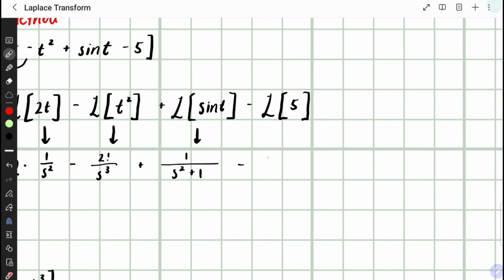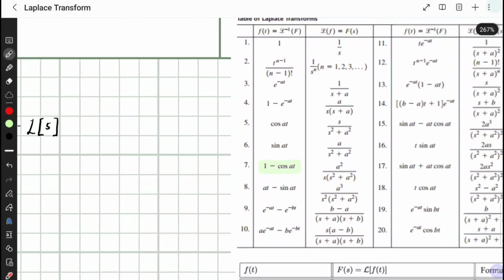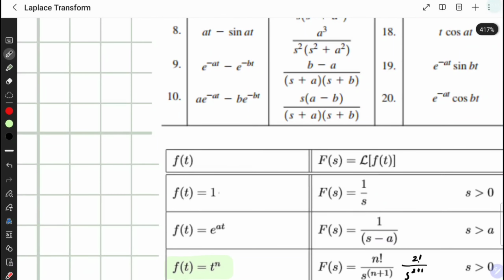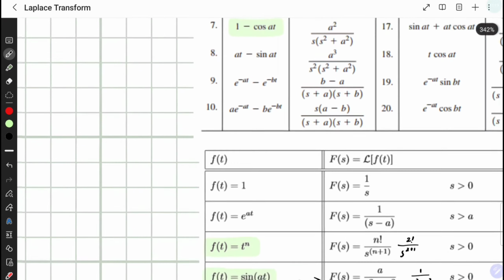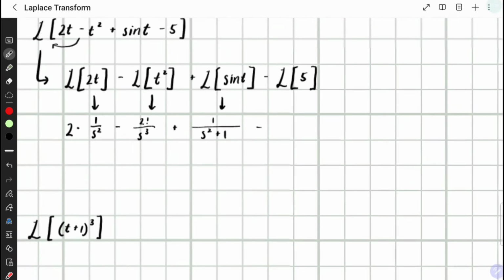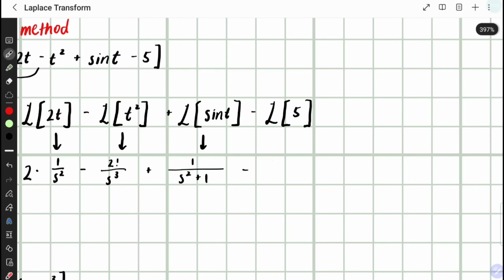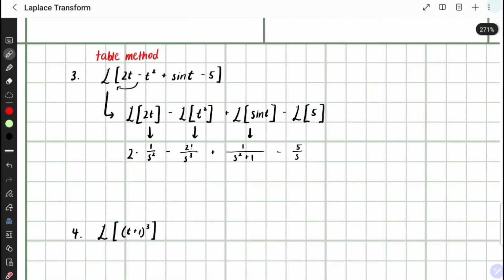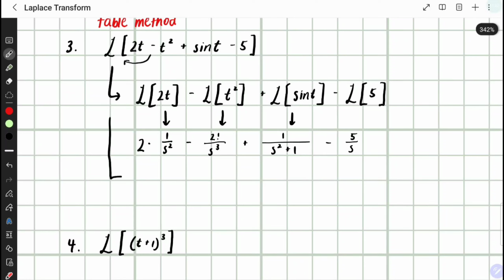Minus the Laplace transform of 5. This is just a constant. For a constant, it's just 1 over s. In this case, we're doing 5, so you just multiply by a factor of 5, the same thing as this times 5. Cool. So that is the final solution here.